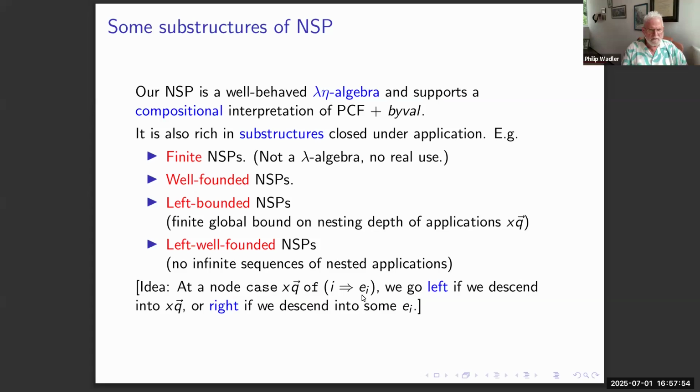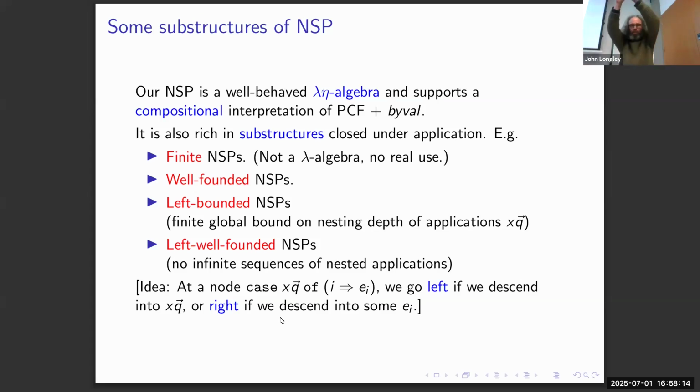So we take a left turn when we descend from this node into the XQs, and the legs going right into the EIs.